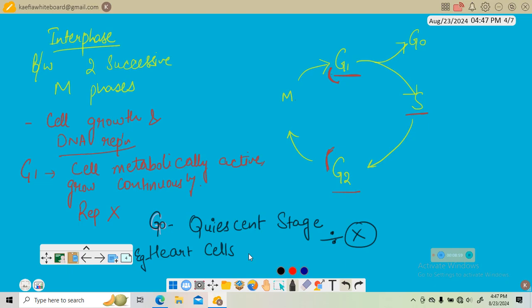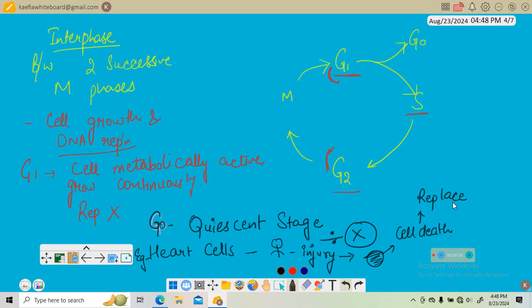For example, let's say a person has an injury and the cells die.